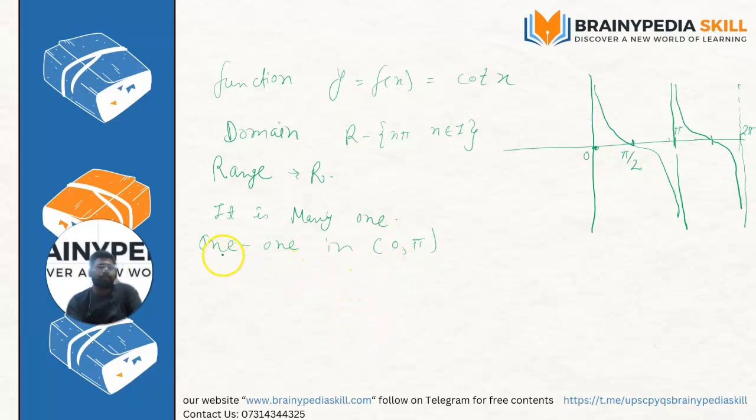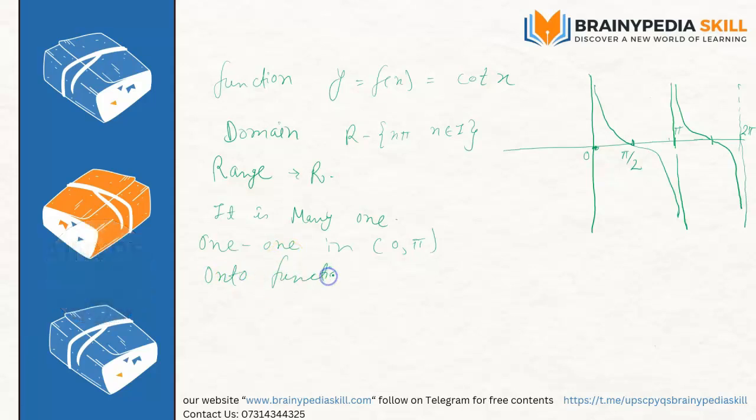It is also onto function for codomain as set of real numbers. Onto function for codomain as a set of real numbers, okay.